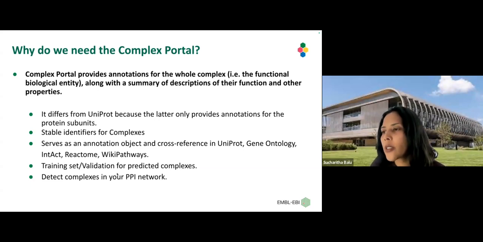Like all other EBI resources, we have stable version identifiers for the complexes, so you can always keep track of your work. And I'll come to this later, but the manually curated complexes in the portal have also served as a really useful training set within workflows which generate machine learning predicted complexes.